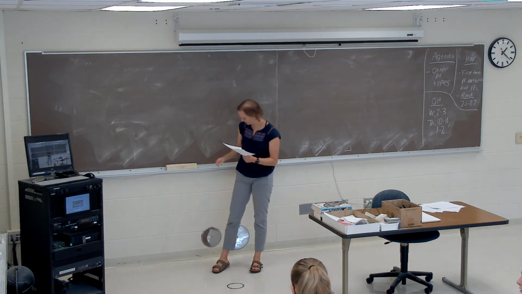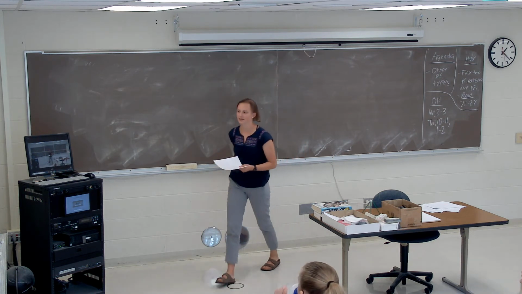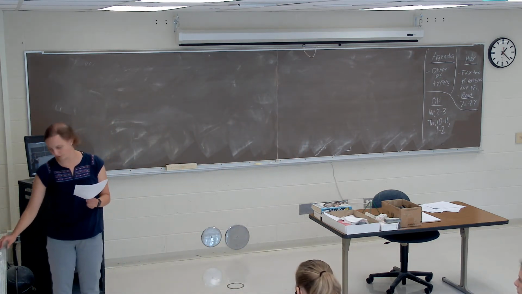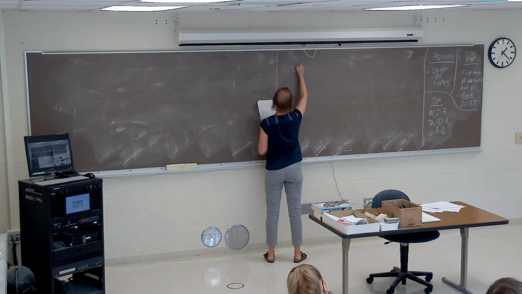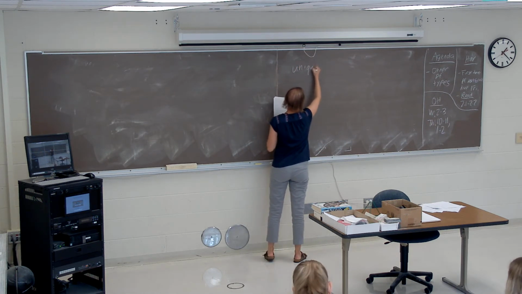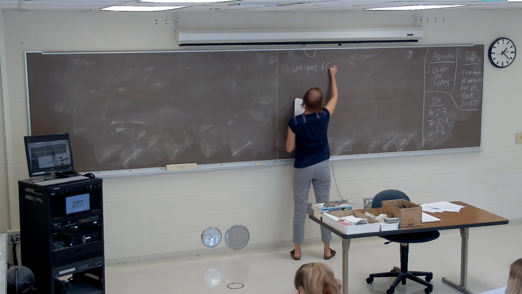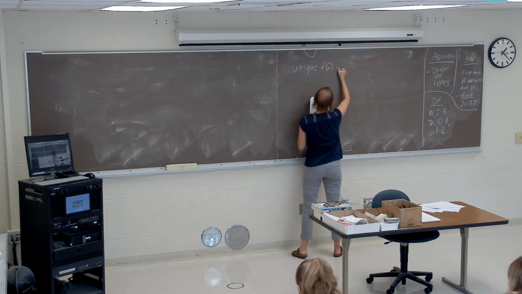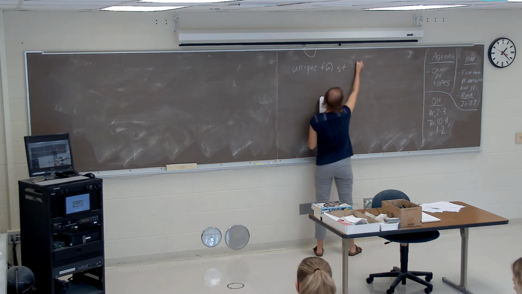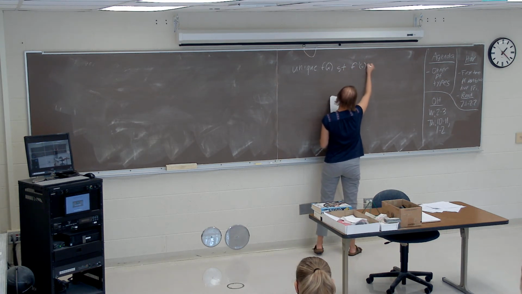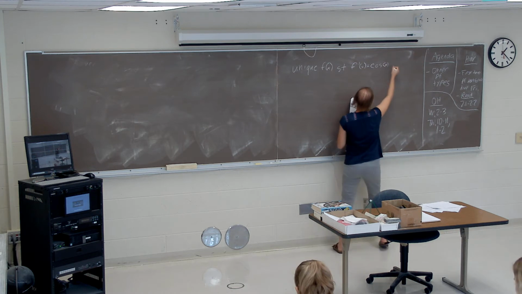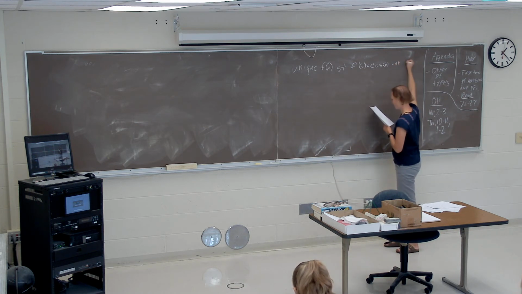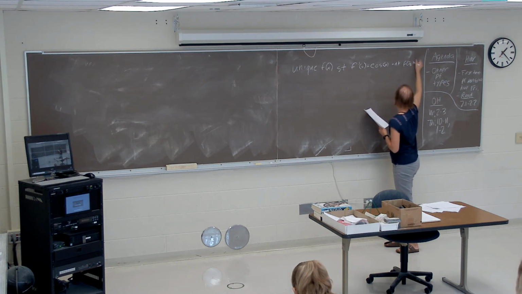So the last problem says prove that there exists a unique function f of x such that f prime of x equals cosine x and f of pi over 2 equals 1.